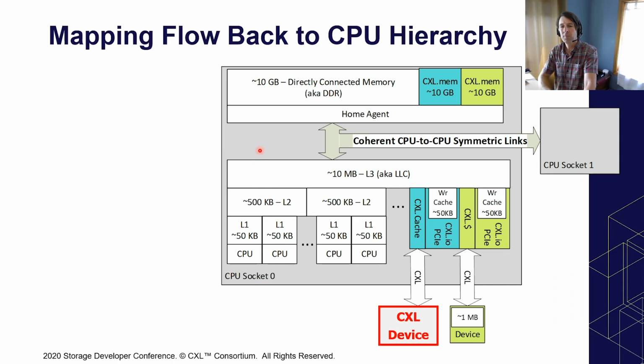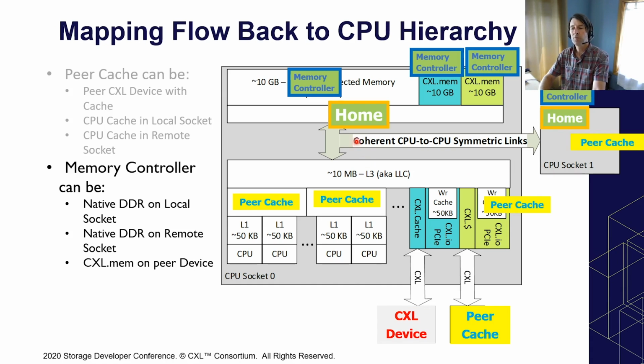Okay, so mapping those agents back to the CPU cache hierarchy, I want to point out where those agents would have existed in this cache hierarchy. At the bottom, we have the CXL device itself that's generating the requests. And then where's the home agent? The home agent location is dependent on the address that's being read, and that home agent will be associated with a given host physical address location.